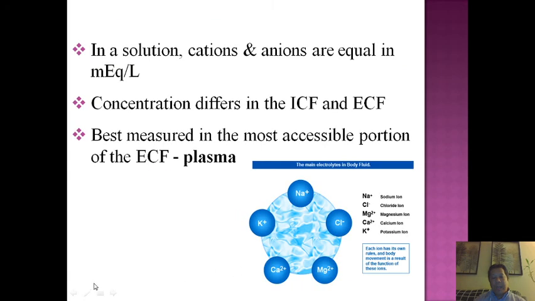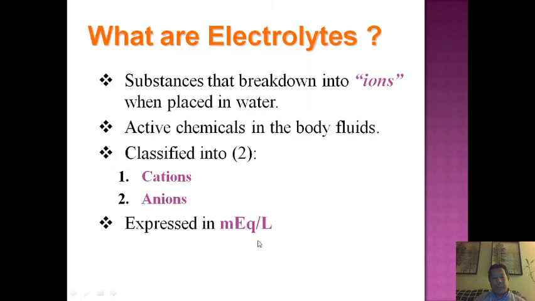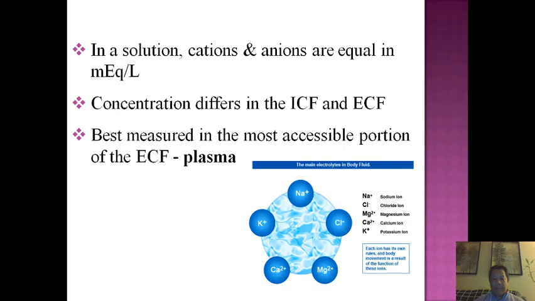I just want to clarify that there are some electrolytes that are also considered minerals. A good example would be calcium. Calcium is a mineral, but at the same time, calcium is a cation because it has a positive charge. Magnesium is another one: it is an electrolyte, but at the same time, it's a mineral of the body.